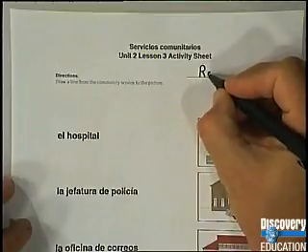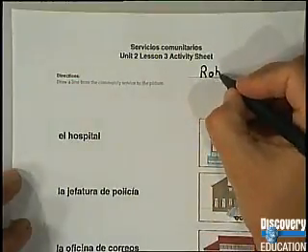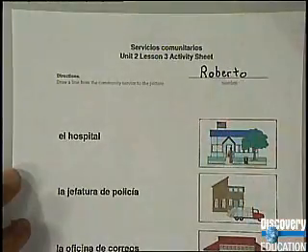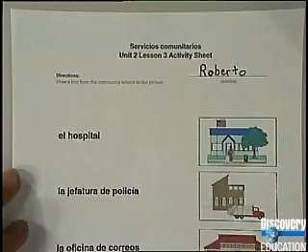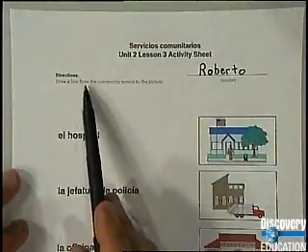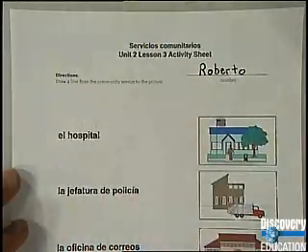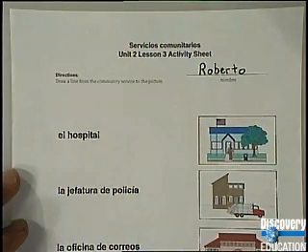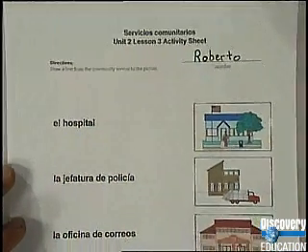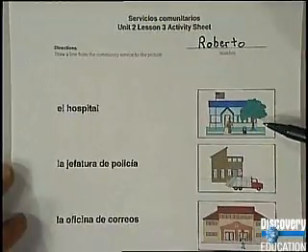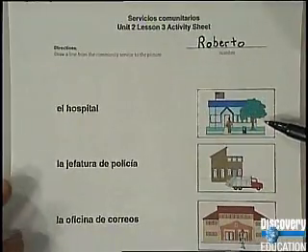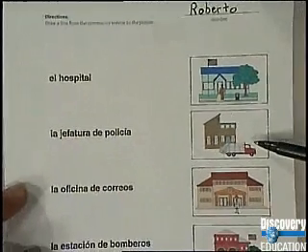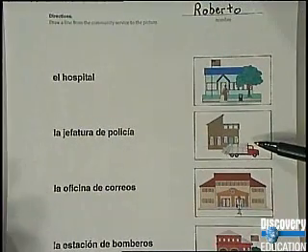Voy a escribir mi nombre. Roberto. I hope you've gotten a chance to choose your Spanish name. The directions say, draw a line from the community service to the picture. The first one says, el hospital. El hospital. Let's see. ¿Es este el hospital? ¿Sí o no?